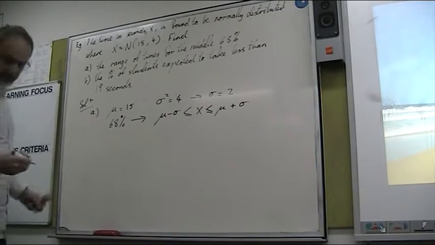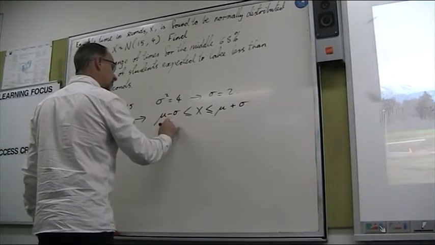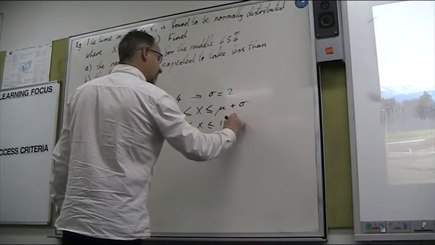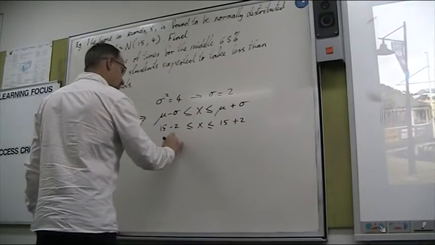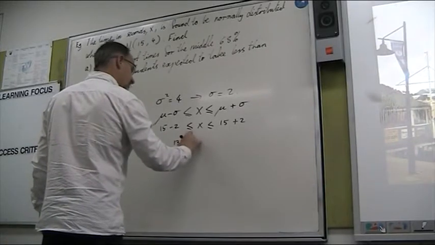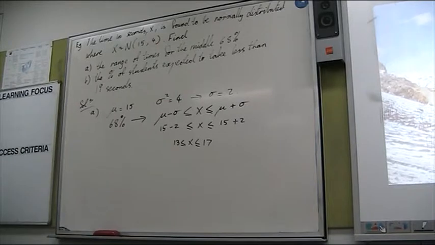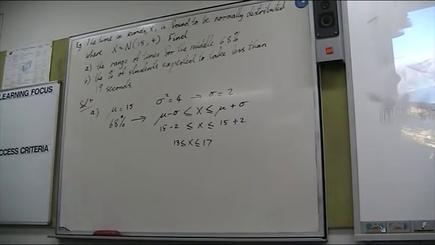So it's simply 15 minus 2 and 15 plus 2. So 13 and 17 seconds. The middle 68% would fit into that range.